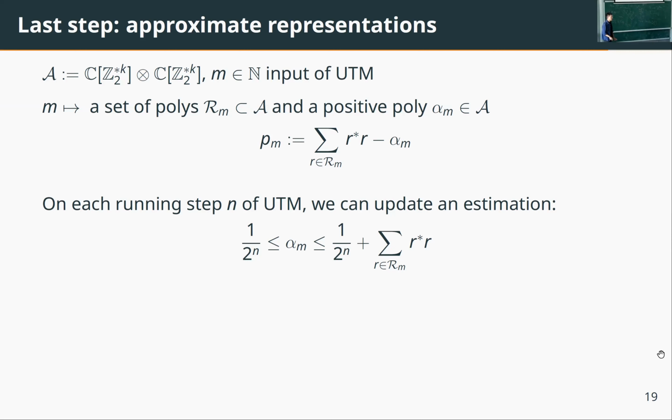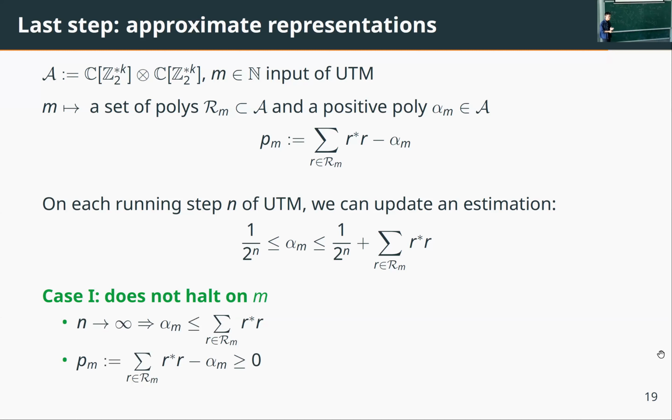Here, notationally, a polynomial is less than another polynomial meaning that this polynomial minus that polynomial is positive. Positive means that it is positive in all representations? Yes, well, non-negative. It's important to distinguish between different definitions of positivity. Here we only talk about real positivity.